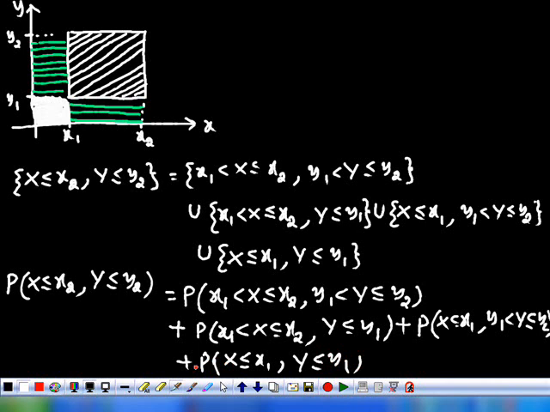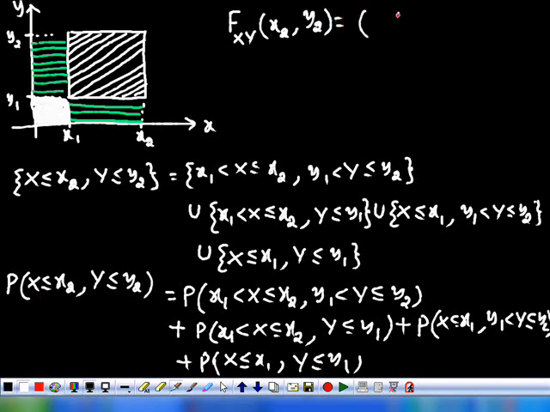Is it clear? Can I write the left hand side as FXY of x2 comma y2, from the definition of the joint density function? Probability of x less than or equivalent to x, y less than or equivalent to y can be written as FXY of x comma y. Now we have x2, y2.